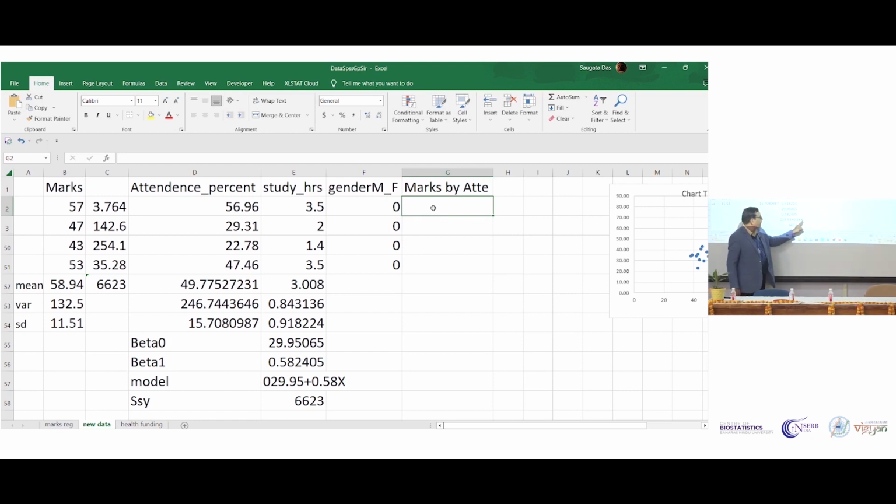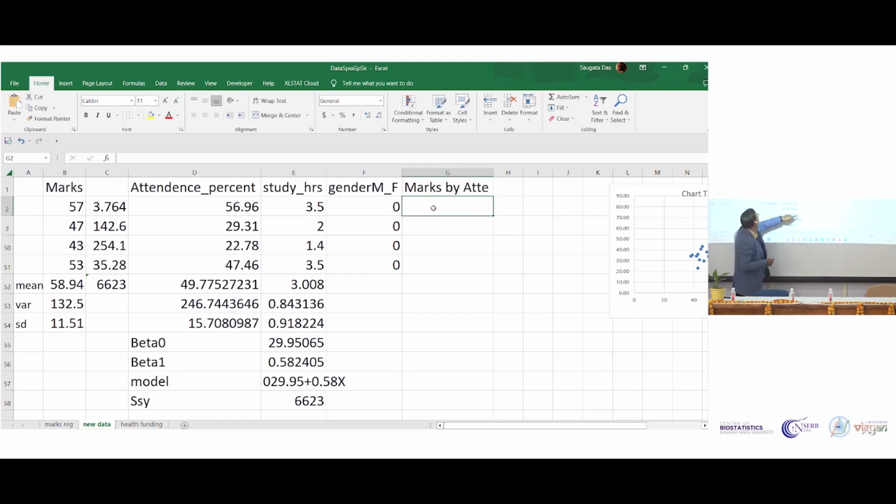Attendance. If I put here 56.97, I will get a number. Okay? This number will represent what? Marks. And marks by attendance.